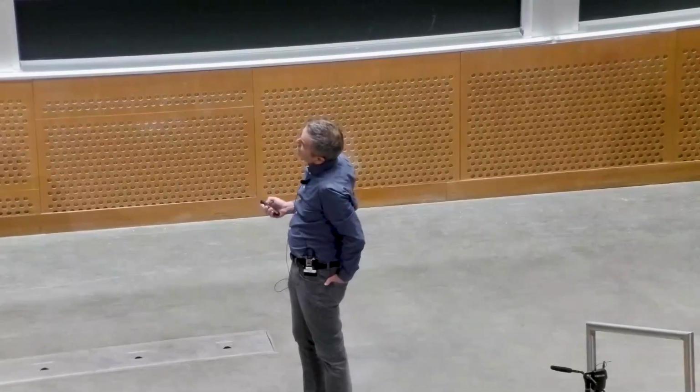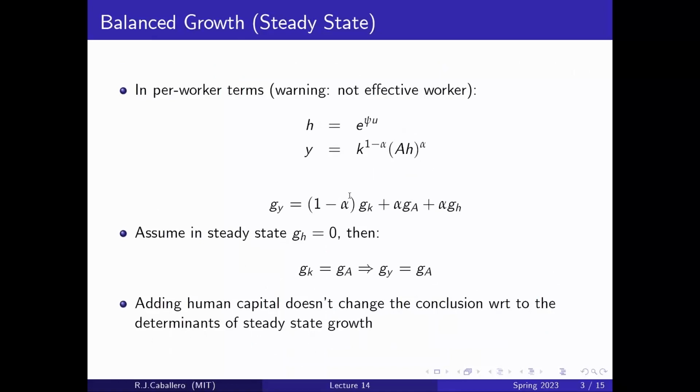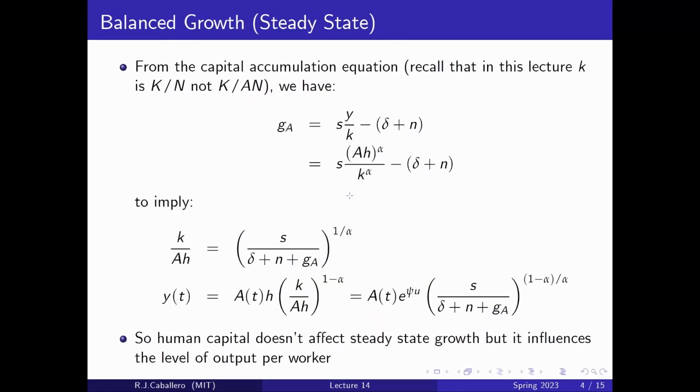So now that I have this expression for K over H, I can go back to my production function and stick in this value, and I get that output at time t, once you're in the balanced growth path, is equal to A_t times H times (K over AH) to the 1 minus alpha.